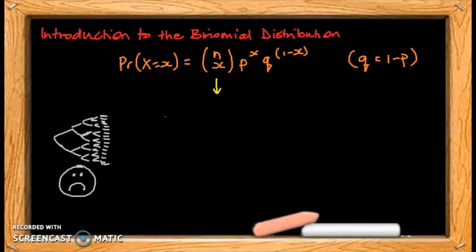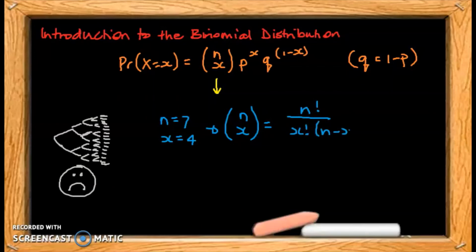So if I had something like n equals 7 and x equals 4, then nCx would equal, remember it's n factorial over x factorial times (n minus x) factorial, which will equal 7 factorial over 4 factorial times (n minus x) factorial. 7 minus 4 is 3 factorial.